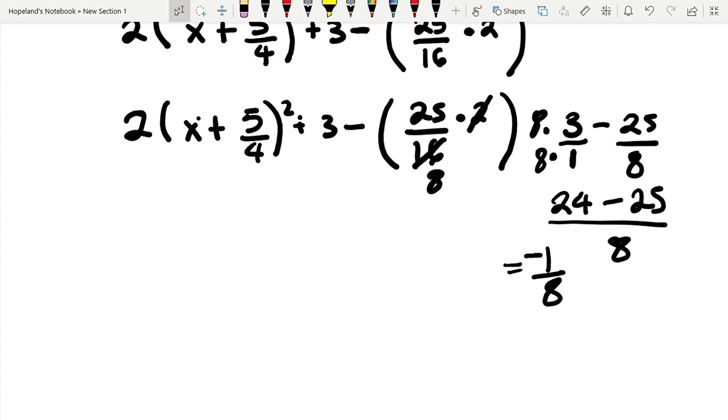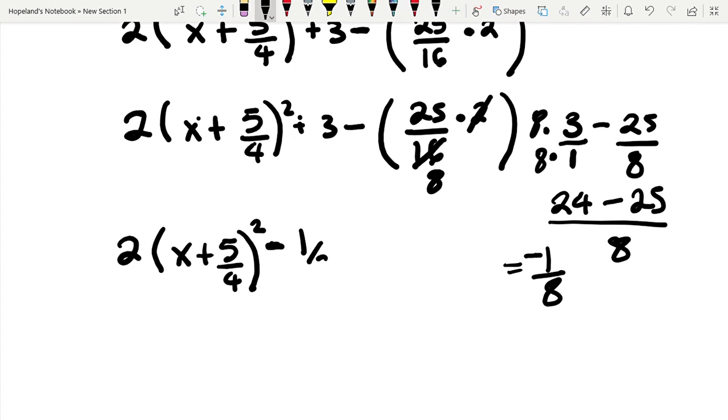Then let's clean up everything, and you'll be left with 2 times x plus 5 over 4 all squared minus 1 over 8. Let me draw a line so that you don't mix up the side work that I did.